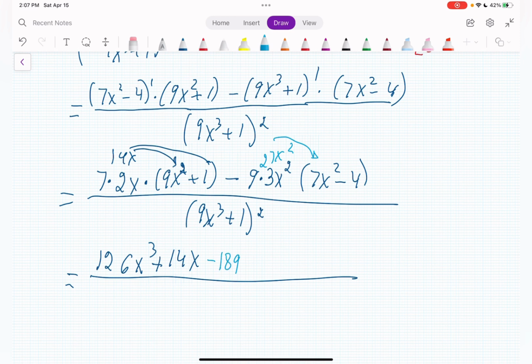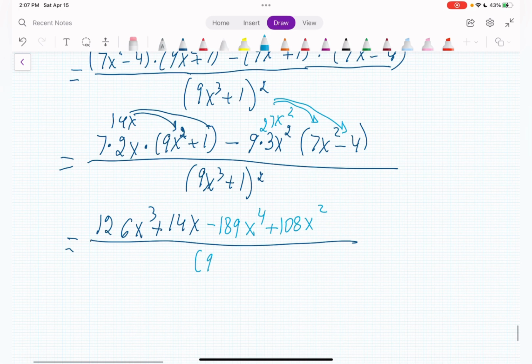X squared times x squared is going to be x to 4. And 27, it's going to be negative, negative. So 7 times 4 is 28, 2 in mind, 4 times 2 is 8, and 2, 108, x squared. Okay, and divided by 9x cubed plus 1 to power 2.